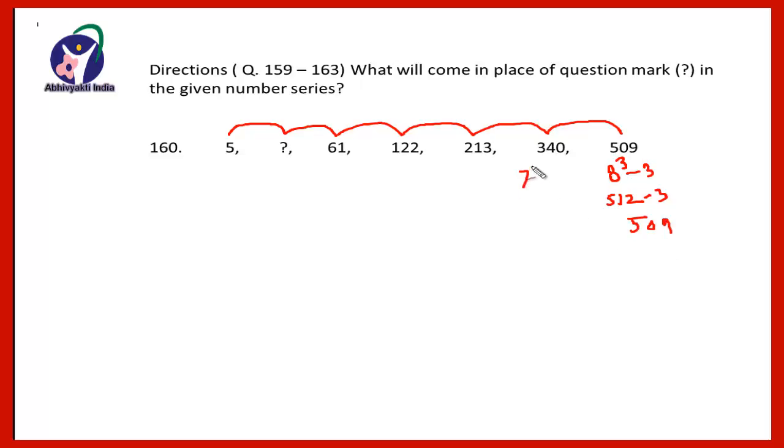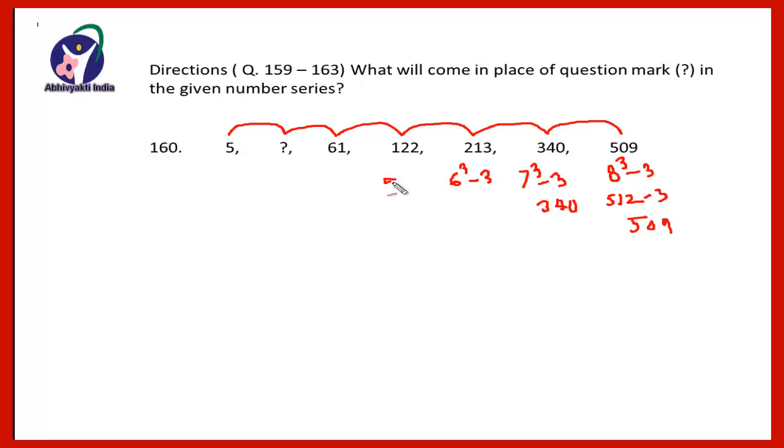This is 7 cube minus 3, that will be 340, and the next is 6 cube minus 3, that is 213.